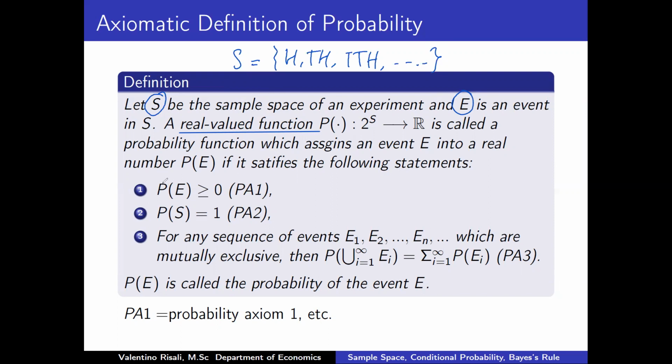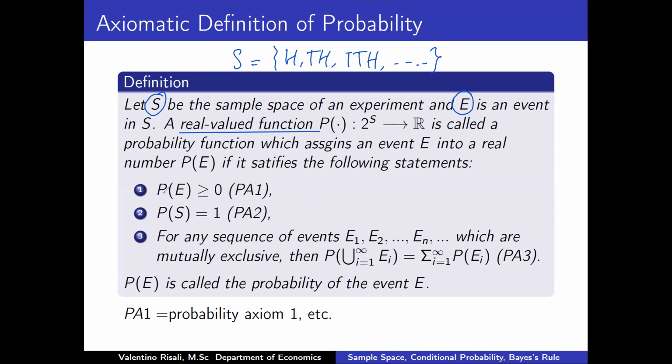Number one, the value of P(E) is greater than or equal to 0. It is obvious because we don't speak about negative values when we talk about probability, right?